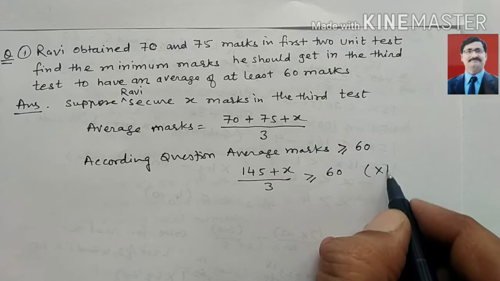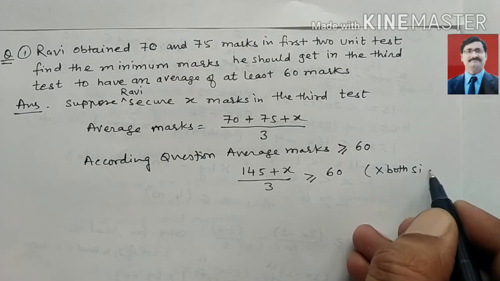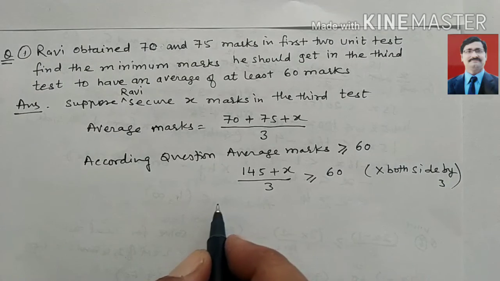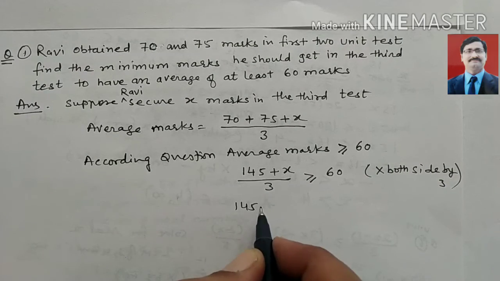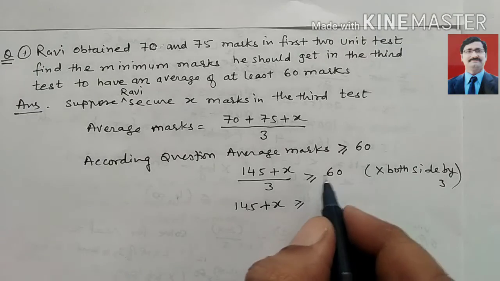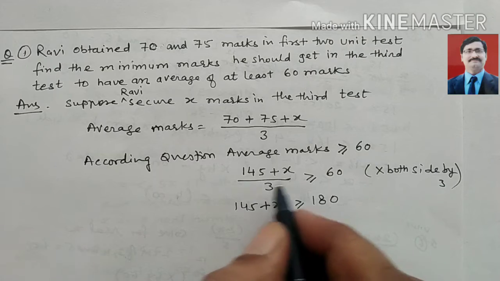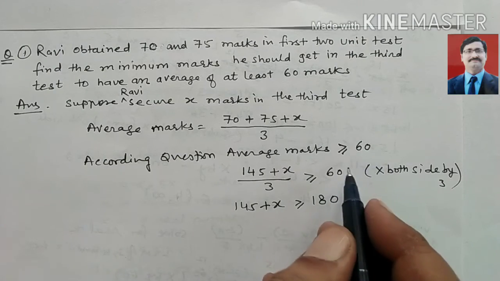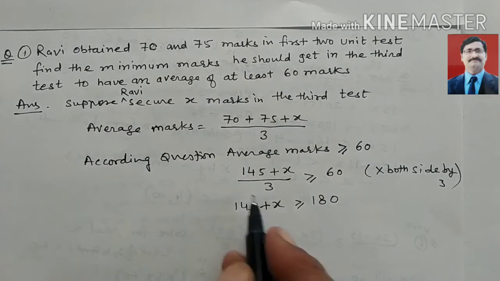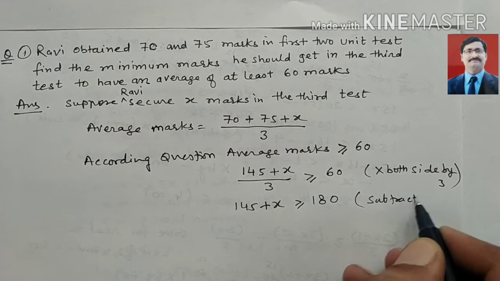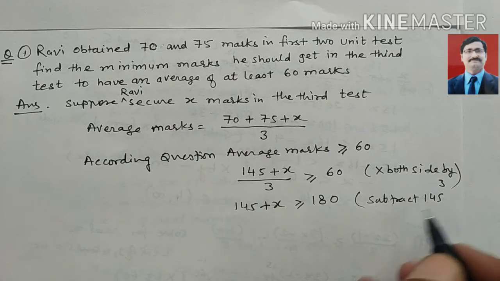Now multiply both sides by 3. So when we multiply by 3 we get 145 plus x is greater than or equal to 180, because this side we multiply by 3, this will cancel, and here we get 180. Now we do not want 145 here, so subtract 145 from both sides.